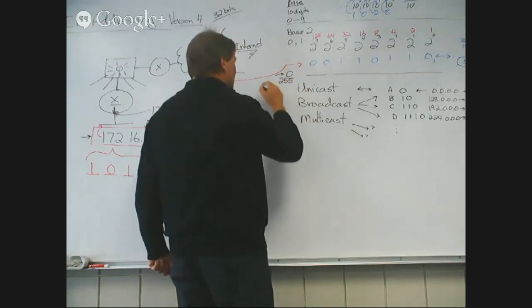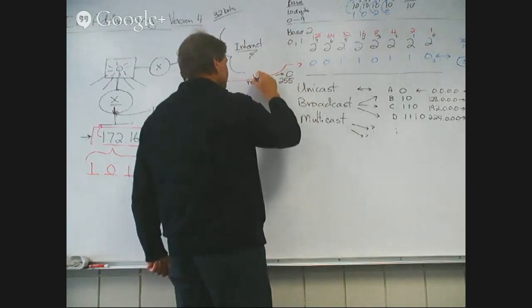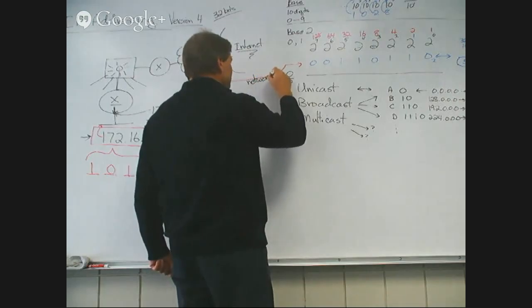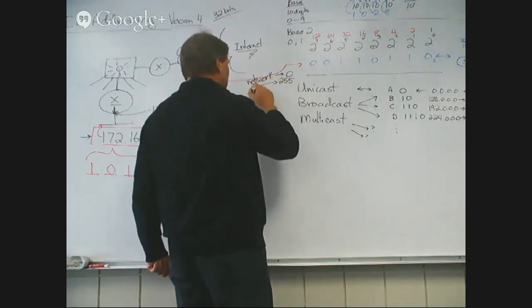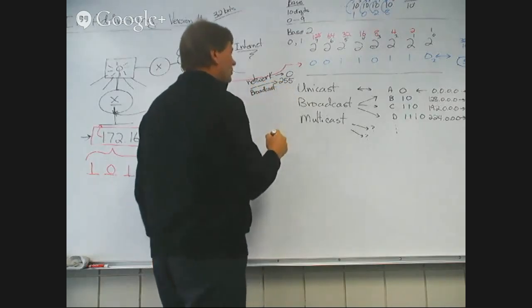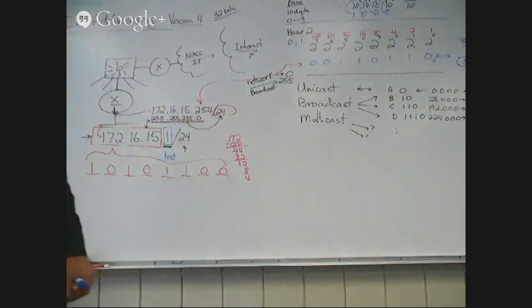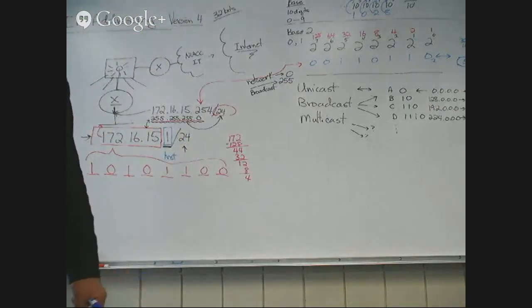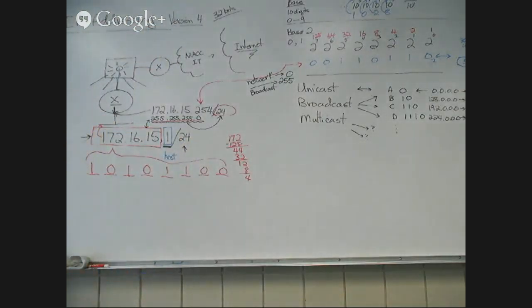The 0 represents the network, and the 255 represents a broadcast. So what does that leave? 256 combinations, so we have 254.